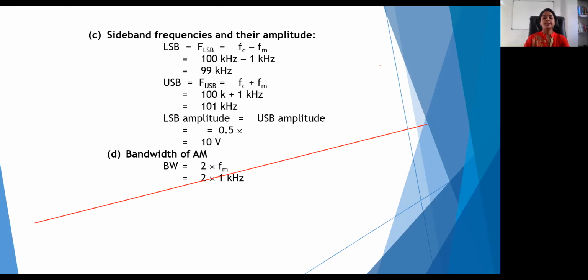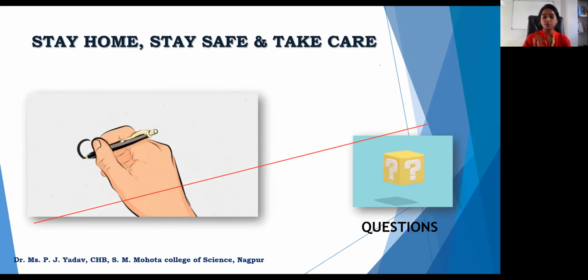Then you calculate sideband frequencies. The frequency of lower sideband is fc minus fm, which is 100 kilohertz minus 1 kilohertz. You get 99 kilohertz, and the upper sideband is 101 kilohertz. Here you have bandwidth also, twice of fm. If you do that, you will get the bandwidth. So this is the solution also.